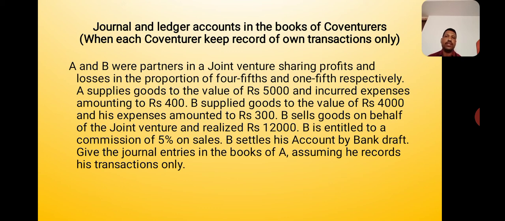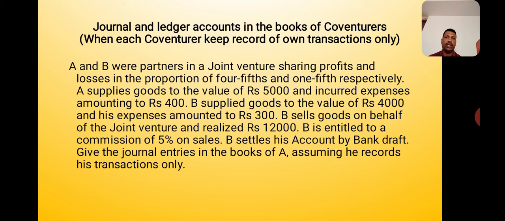Co-venturer A supplied goods to the value of rupees 5,000 to the joint venture and incurred expenses amounting to rupees 400. Co-venturer B supplied goods worth rupees 4,000 to the joint venture and expenses incurred by him amounted to rupees 300.